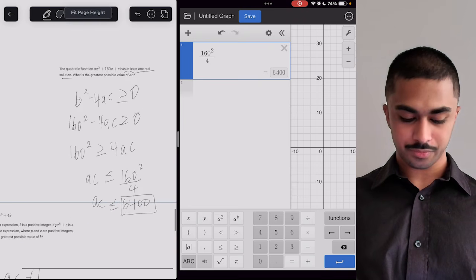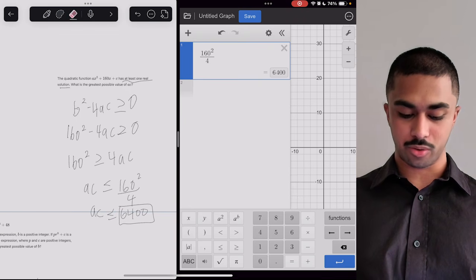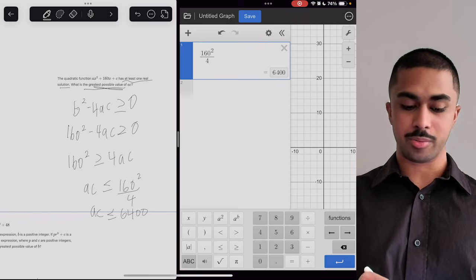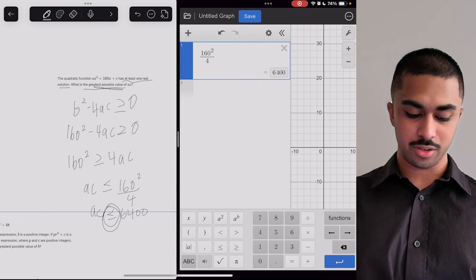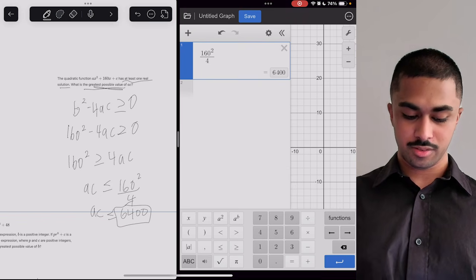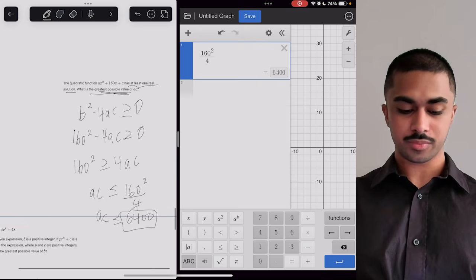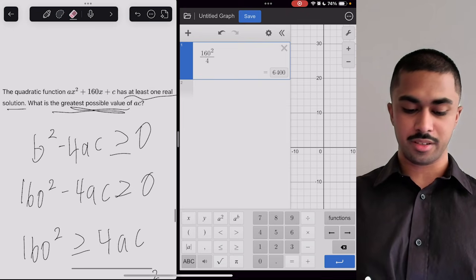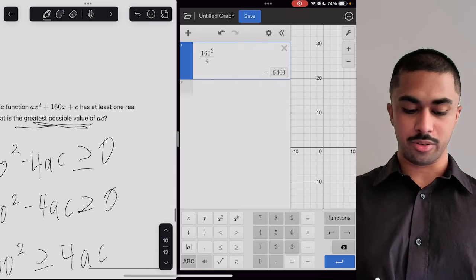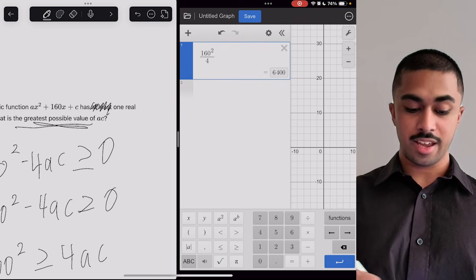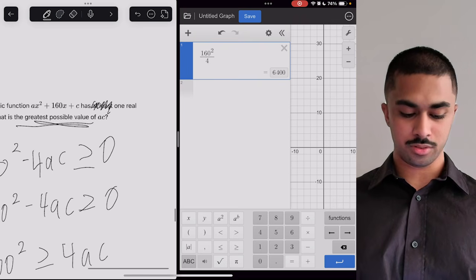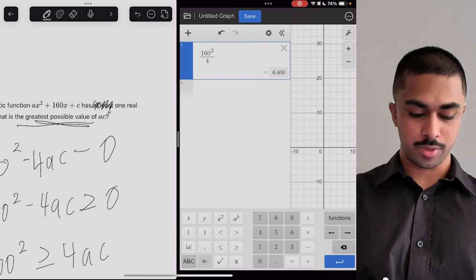Okay. So in this case, the answer is 6,400 because what is the greatest possible value? And since it can be equal to, it's going to be 6,400. If it said, instead of at least one real solution, it has one real solution, then this would be equal to 0.